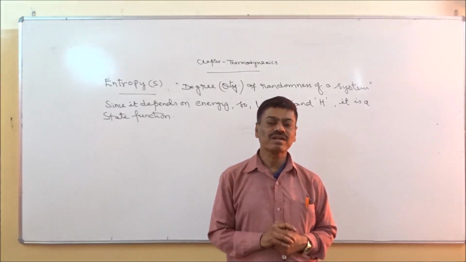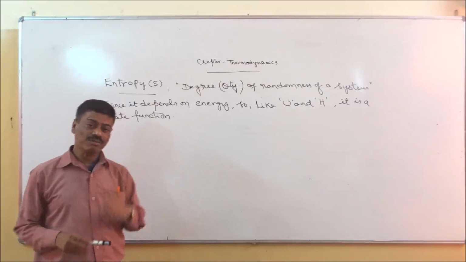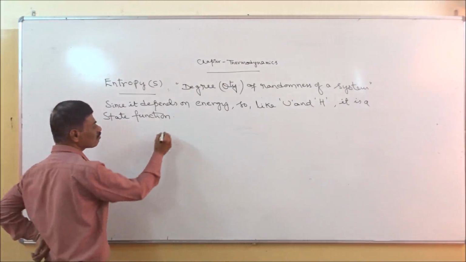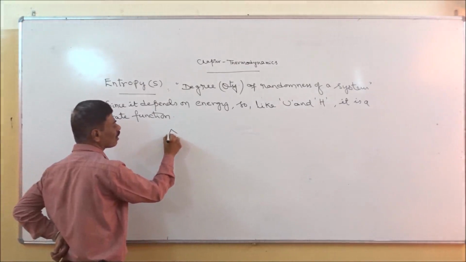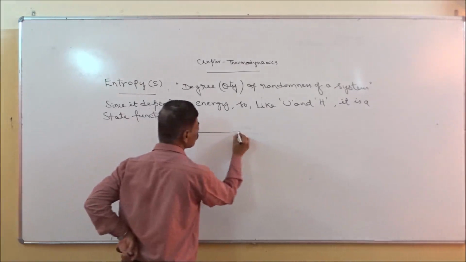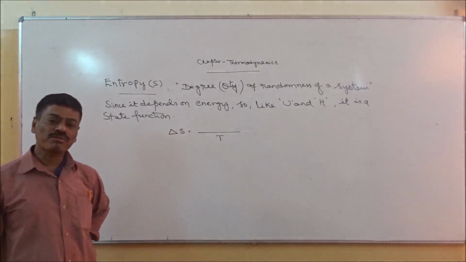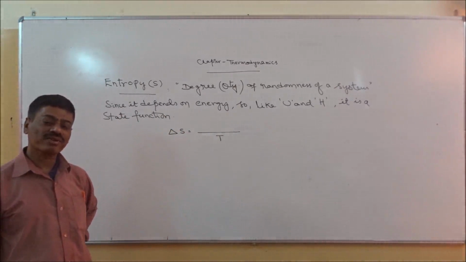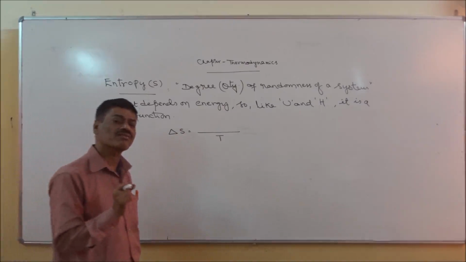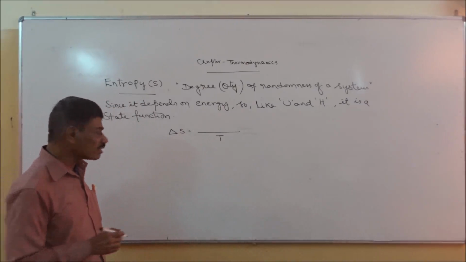That is accompanied by an increase in entropy. Change in entropy is symbolically represented by the letter delta S, and this is inversely proportional to absolute temperature and directly proportional to the change in amount of heat energy accompanied by a reversible reaction.